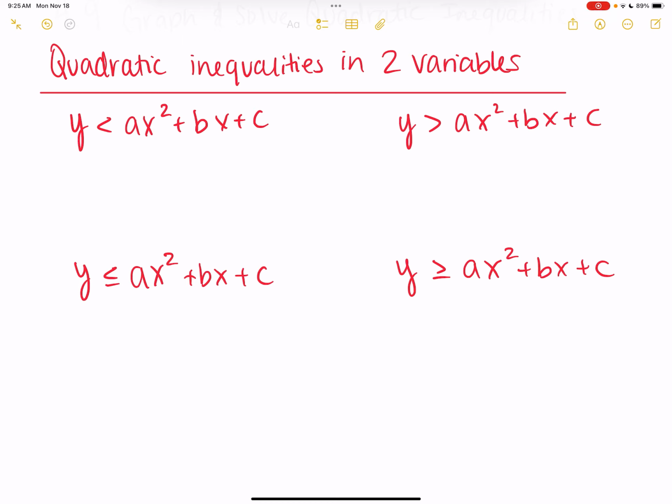All right, so this first top left option where y is less than, where it's just less than, this graph will be dotted. So dotted and solid still applies. And it's less than, so that means we shade outside the parabola.